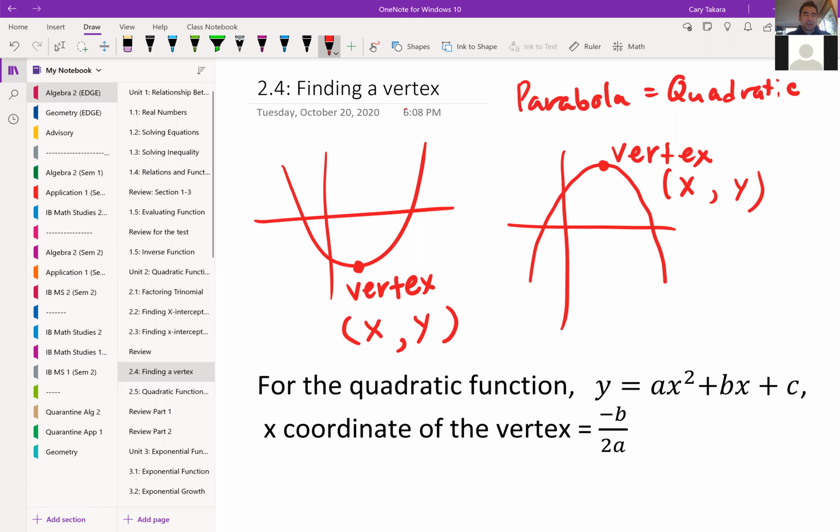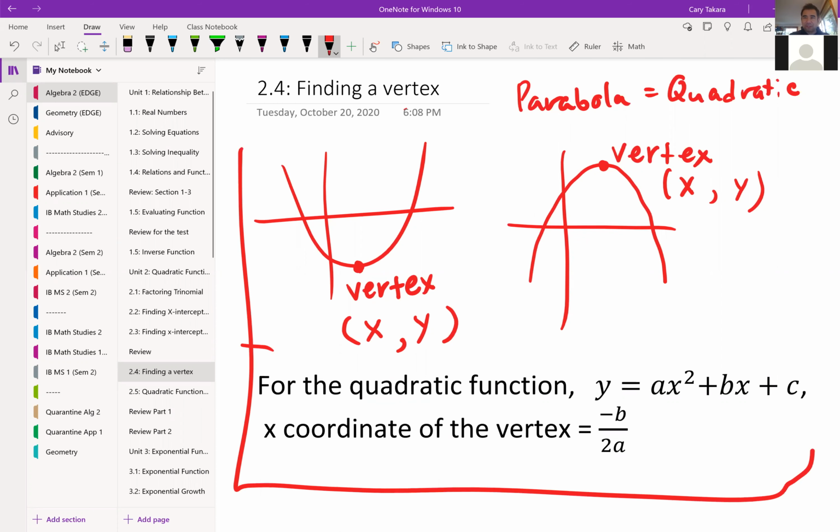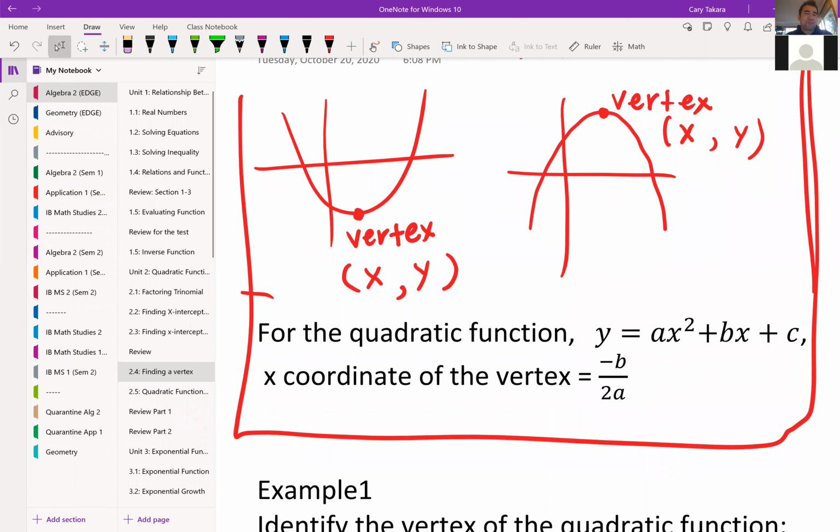Now, how do you find the coordinates? Well, now I want you to write this. I want you to write everything right here. Okay. There is a vertex formula. Now you cannot find x and y coordinate all at the same time. You have to find one at a time, and you are going to find the x coordinate first. Okay, so here is the formula.